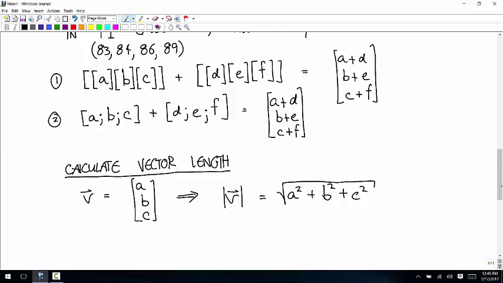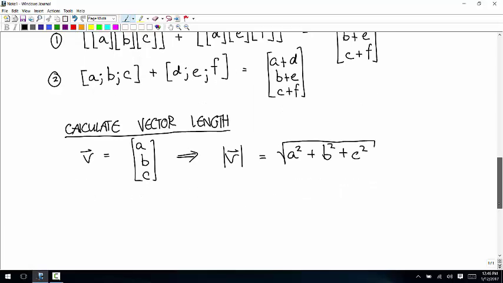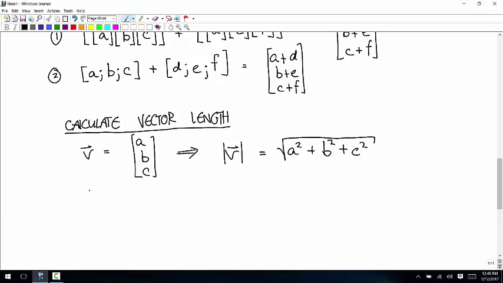On a TI-89, I know there's a function norm.